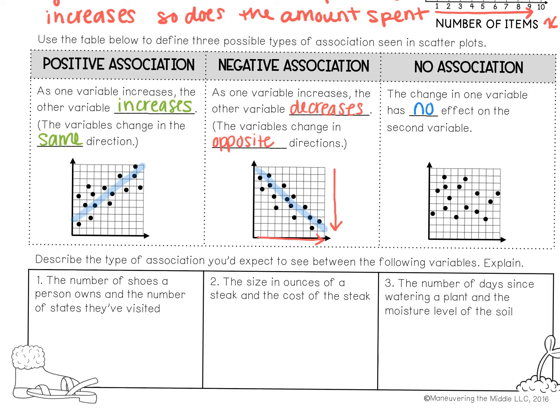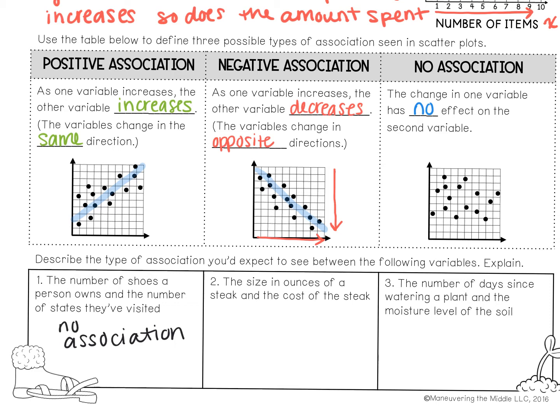So there is no association. I could be a backpacker and only have the pair of shoes that I'm wearing and have been all over the country, right? Or I could have 15 pairs of shoes in my closet and never have left my home state. So those don't have anything to do with each other.